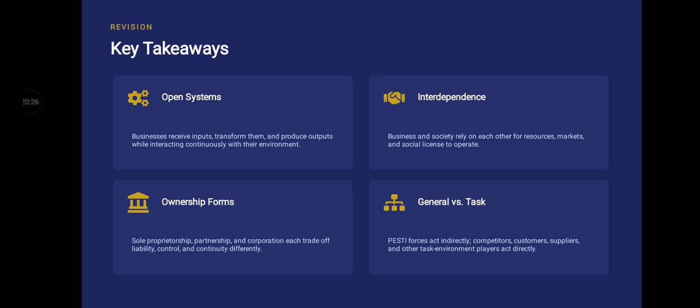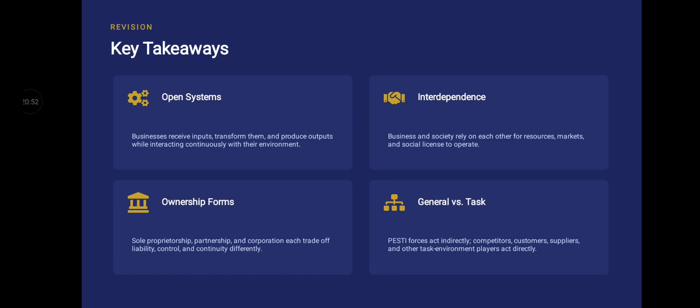In Unit 2, we learned that the external environment splits into two, which is the general environment, the wide forces like politics, economics, technology, and society, as well as international trade, and then the task environment, which has seven direct players: competitors, customers, suppliers, regulators, unions, owners, and strategic allies.